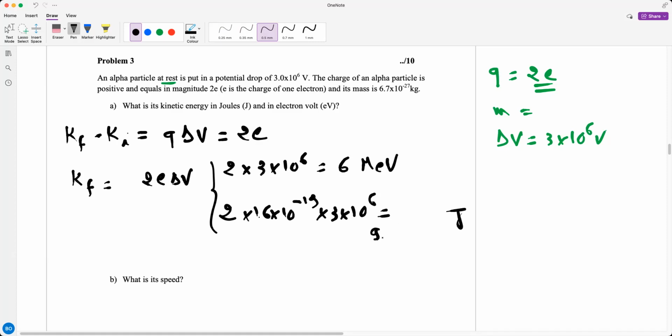It's 9.6 10 to the negative 13. Any question about this? This is a very easy question. Did you understand what I did? So all of you know that this problem has to be solved with the work energy theorem.